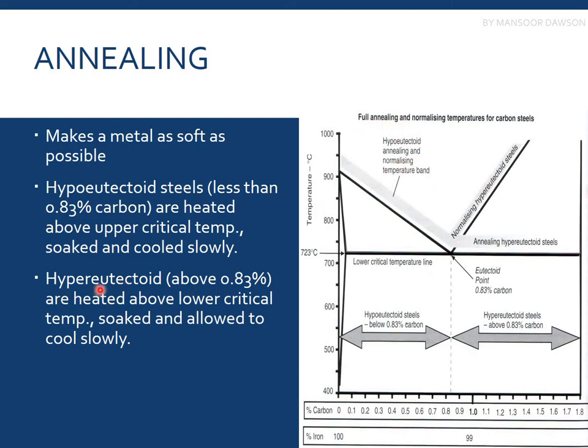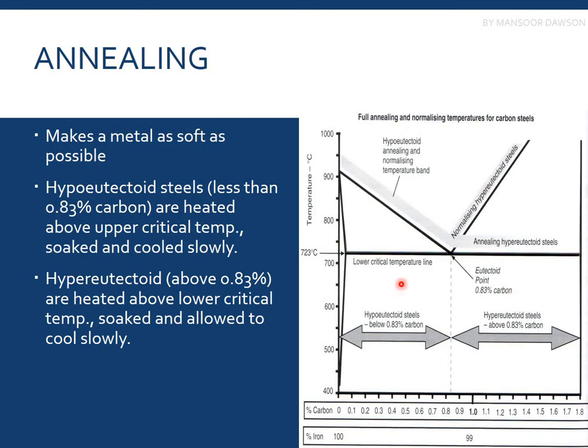And for hypereutectoid steels, we just heat it below the upper critical line. So we are only going into the austenite and cementite region, and then we cool it down.